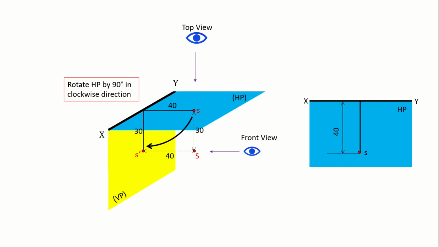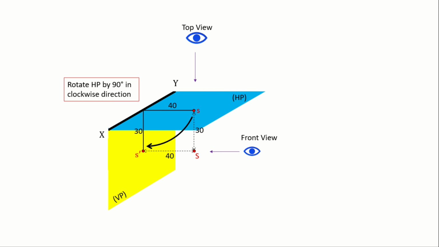So now here both the front view and top view of the point S, which is in fourth quadrant, are below XY. Let us now draw both front view and top view together.